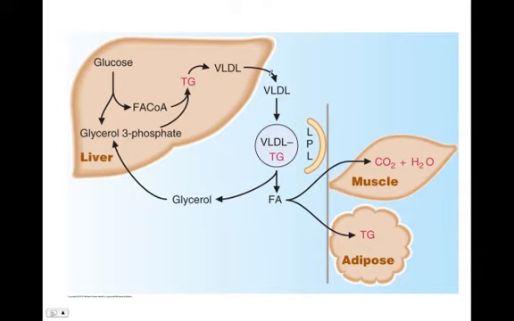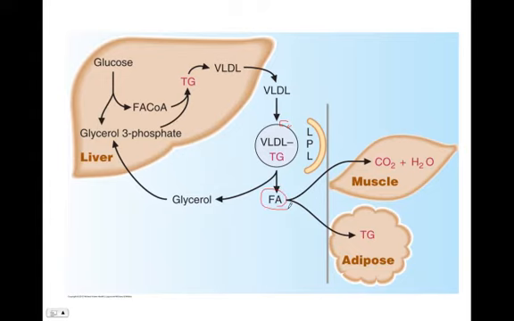Once outside of the liver, our VLDL particle, full of triacylglycerols, interacts with lipoprotein lipase via the interaction of ApoC2 and lipoprotein lipase to hydrolyze triacylglycerols into free fatty acids and glycerol.